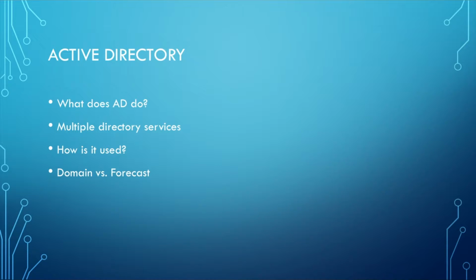Lightweight directory services basically runs as a service on the Windows server, and then you have certificate services, which establishes an on-premises public key infrastructure, and it can create, validate, and revoke public key certificates for internal uses of an organization.